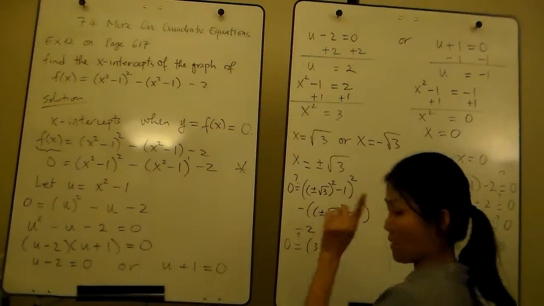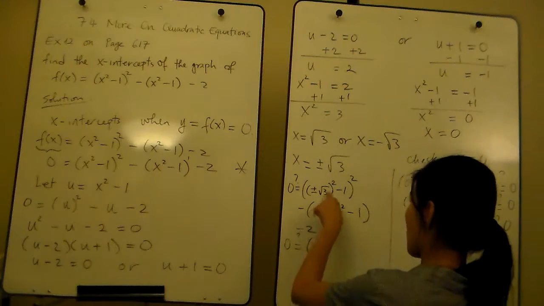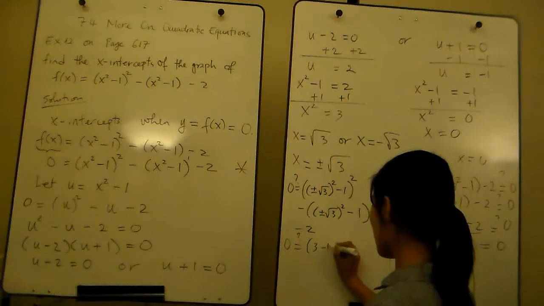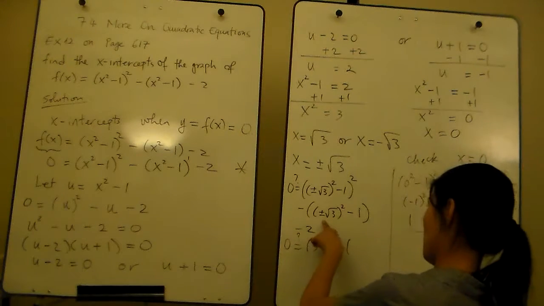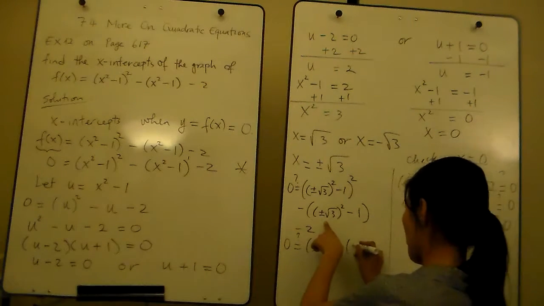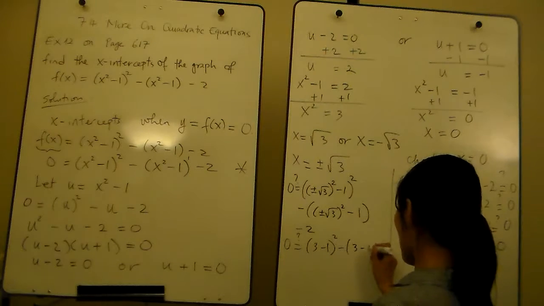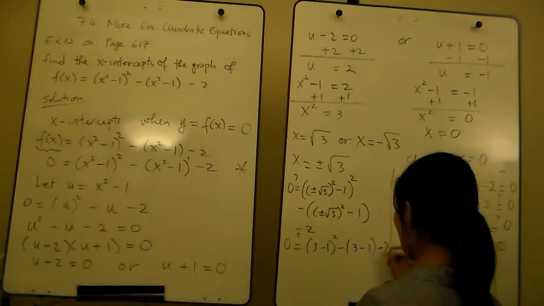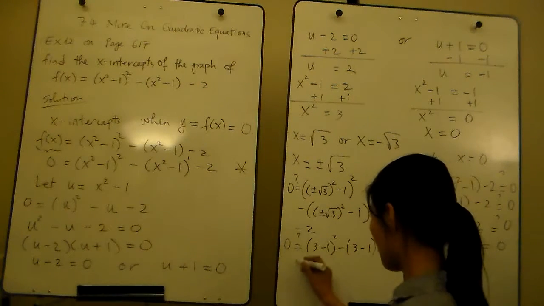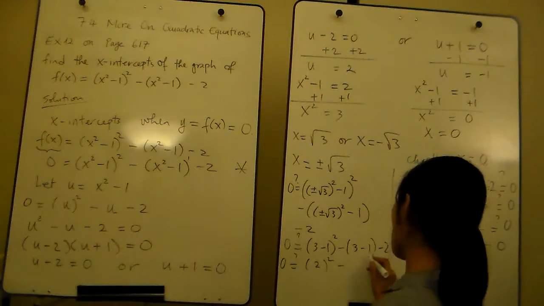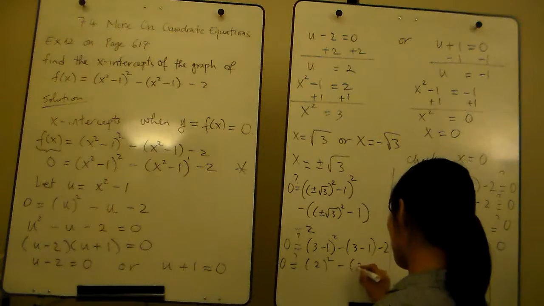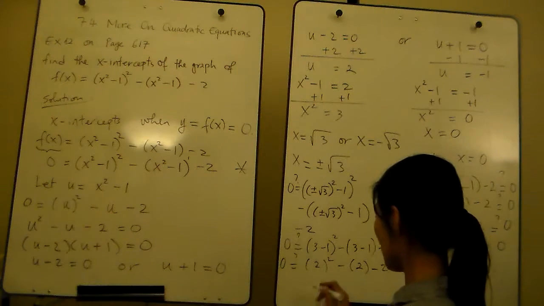Positive or negative, when you square it, it becomes positive. Square root of 3, when you square it, becomes 3. Minus 1 squared. Minus. For this, similarly, when you square it, it becomes 3. Minus 1, minus 2. Now simplify as much as we can. 3 minus 1 is 2, 2 squared, minus 3 minus 1 is 2, minus 2 here.